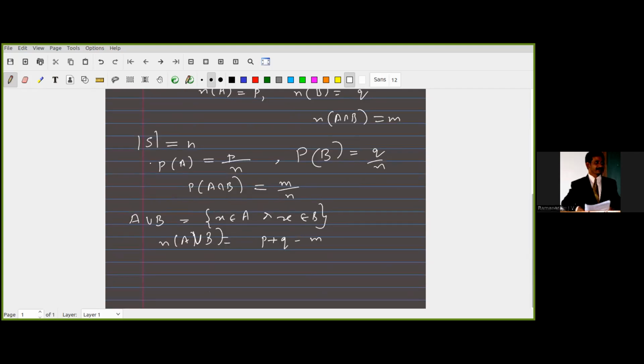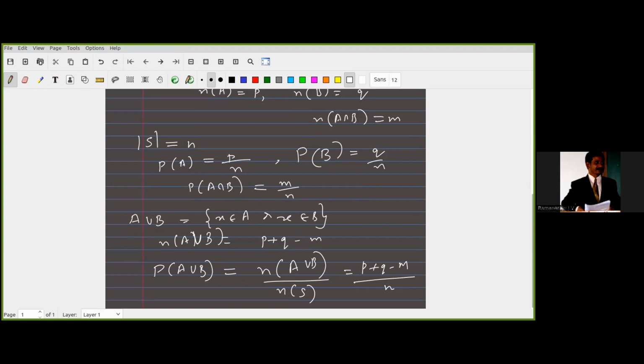So if you want to find probability of this event, combined event A union B, it is N of A union B divided by N of S, which is what? P plus Q minus M divided by N. Okay.